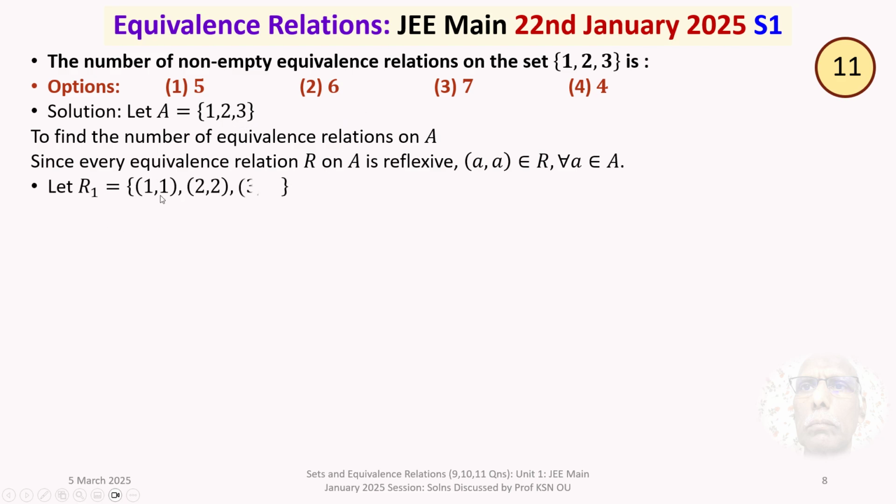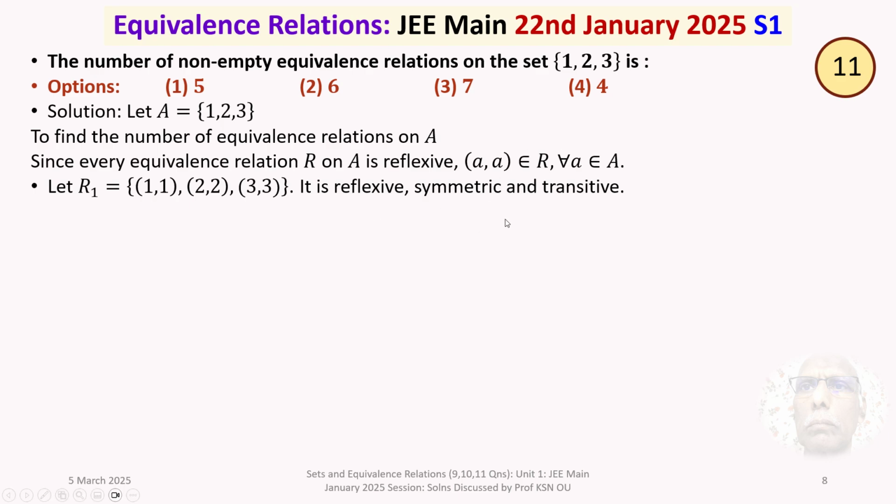Let R1 be {(1,1), (2,2), (3,3)}. It is reflexive. Is it symmetric? Yes. Is it transitive? Yes.